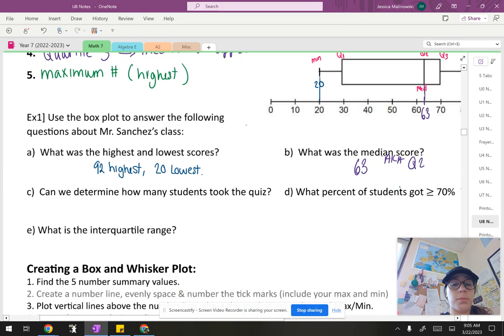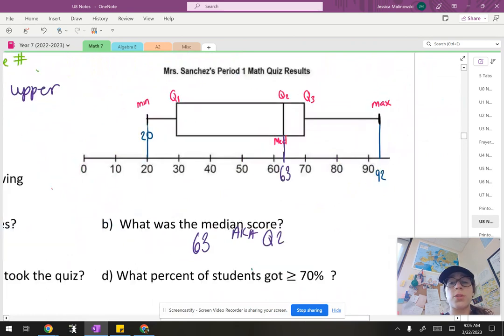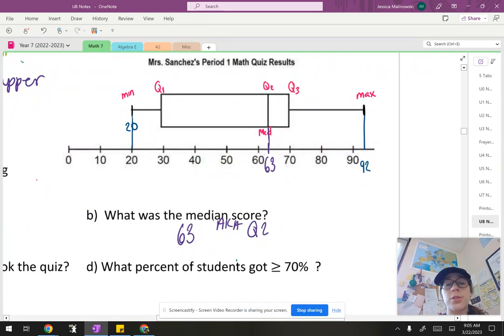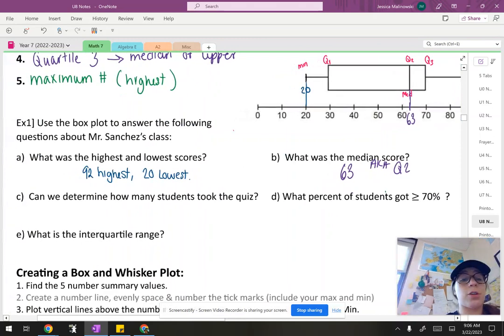Part C: can we determine how many students took the quiz? Looking at our graph here, do we know how many students are in this period 1 math class? The fact is, and this is one of the downfalls to using a box plot, that we cannot determine how many data values or how many students are in this class. We just don't have enough information.